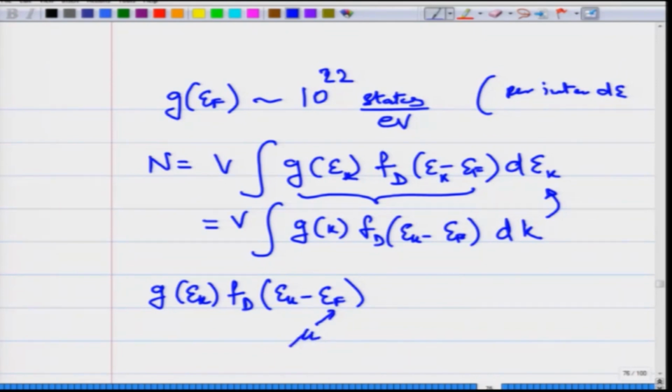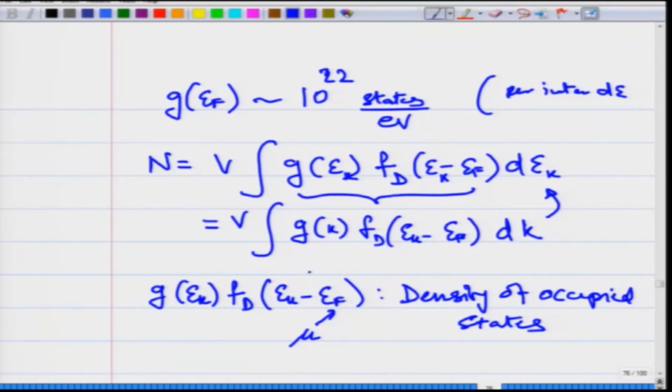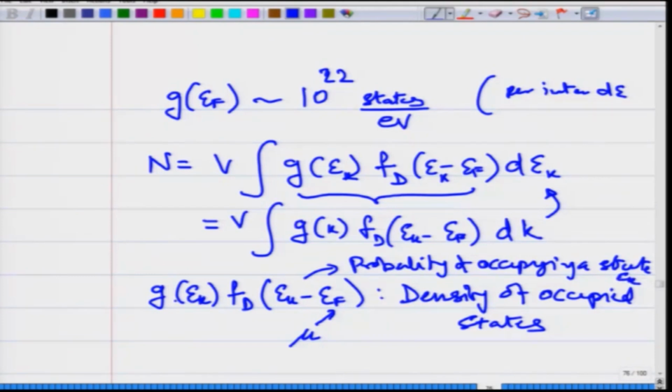So, G(k), the density of states, into the Fermi Dirac distribution, this is the density of occupied states, because this factor Fd gives the probability of occupying a given state Ek, and G(Ek) is the number of states or the density of states per unit interval which is available at Ek.